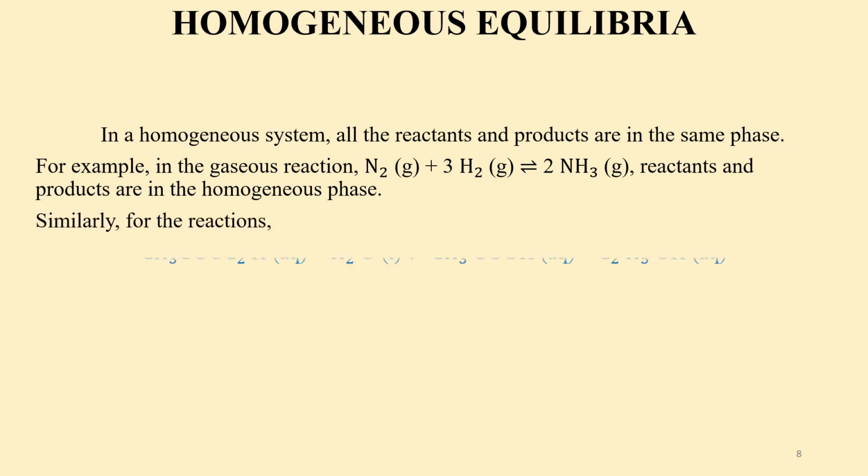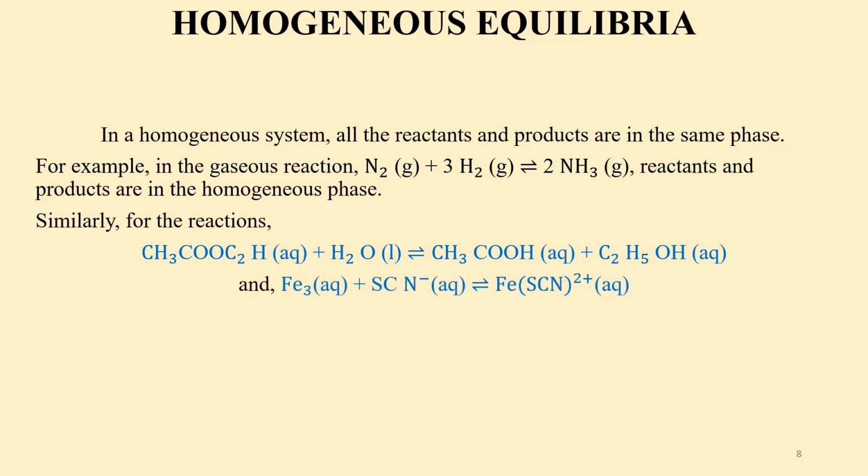Some more examples are CH3COOC2H5 aqueous plus H2O liquid, forward and reverse reaction forming the products CH3COOH aqueous plus C2H5OH aqueous. So both left side and right side are in the same phase, that is a solution phase.